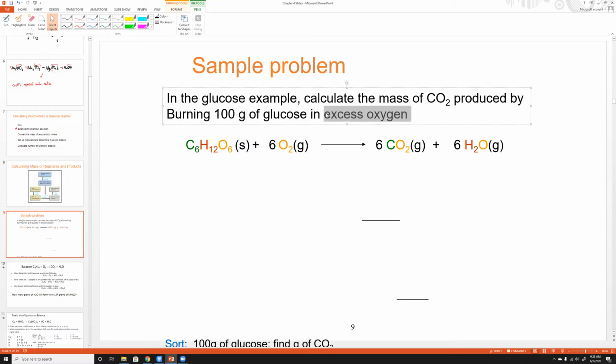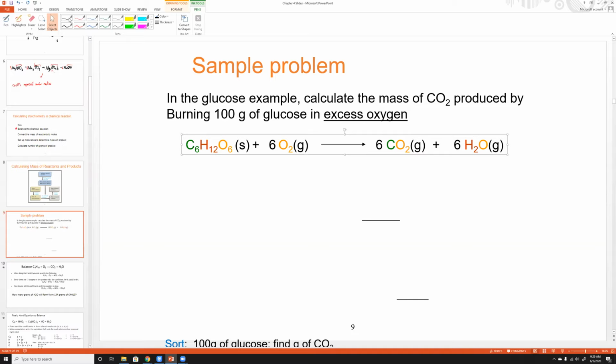A key thing, when they say excess oxygen, that means there's so much oxygen there that we don't need to worry about how much there is. That's obviously what the word excess means, but it means that there's no moles associated with it. We don't need to calculate the moles or use that in the ratio. We just know that there's more than enough that everything can react fully. So oxygen is not the limiting reactant. The glucose is. And we'll learn about limiting reactant soon.